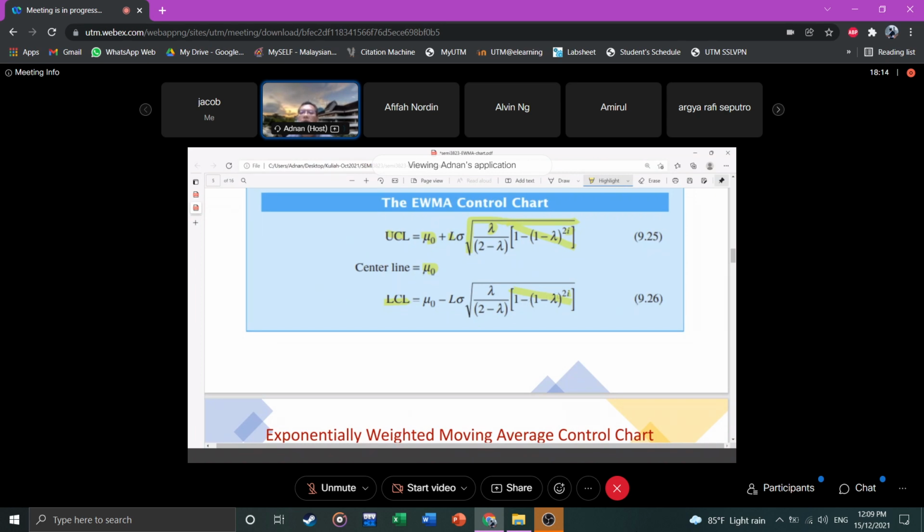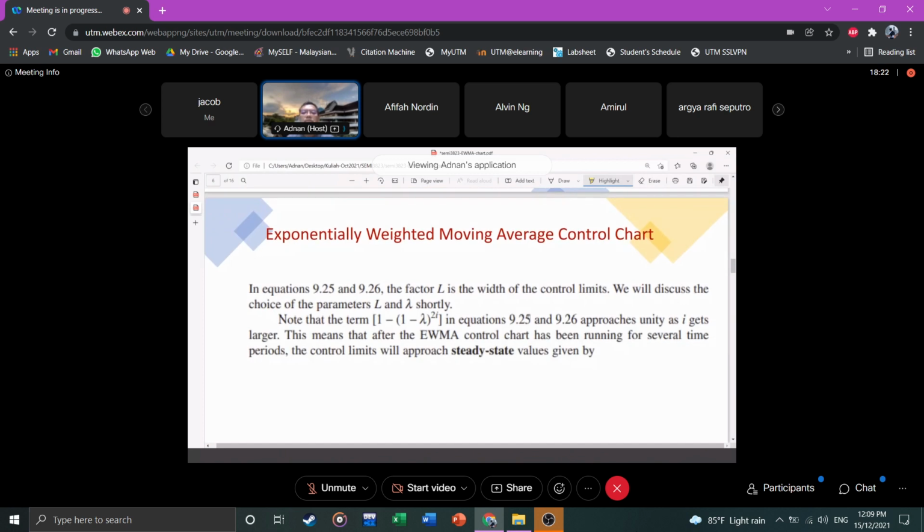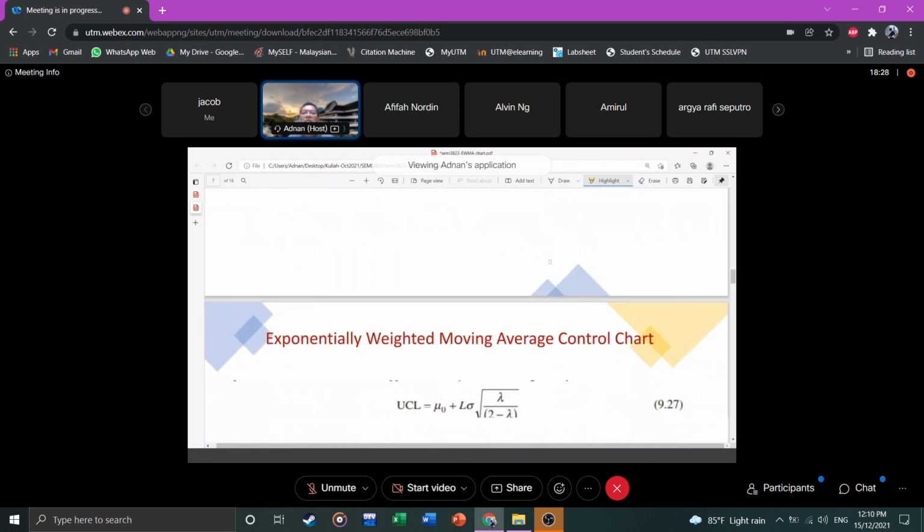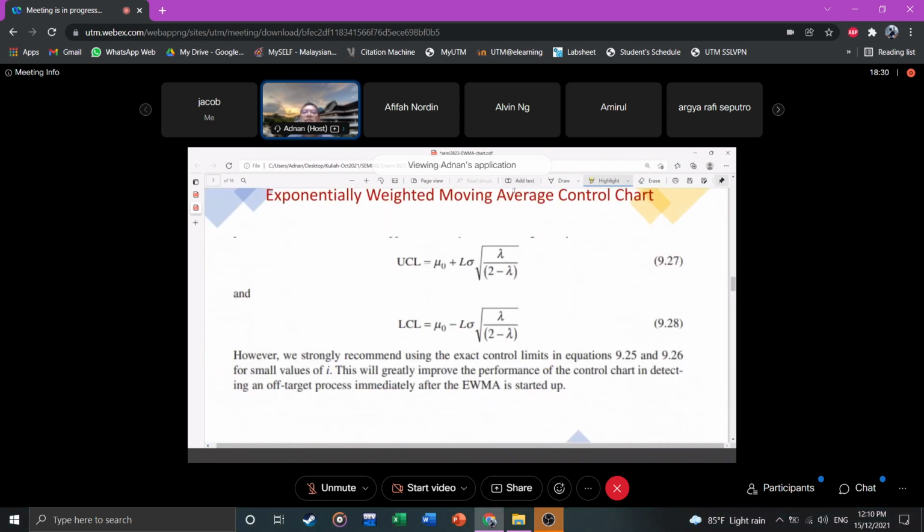So just the term lambda over 2 minus lambda will remain there. This is what they call steady state. At steady state, this value will become only this one.